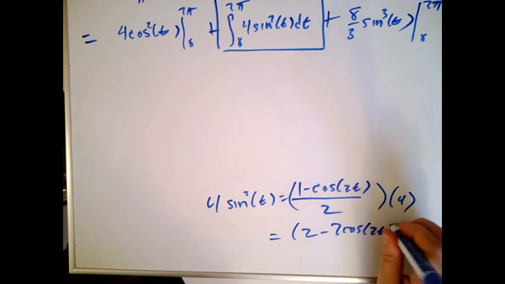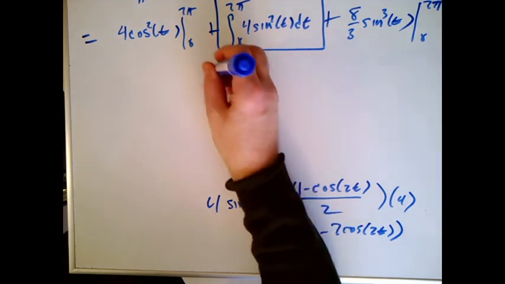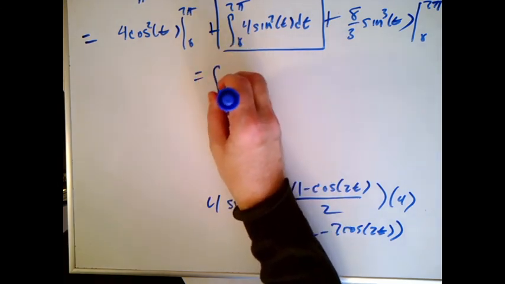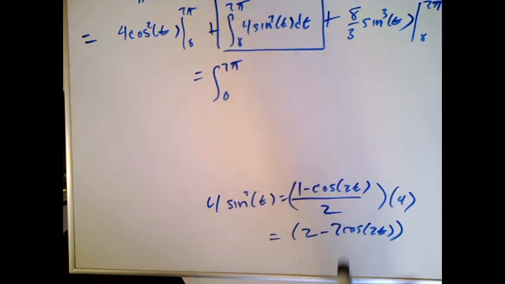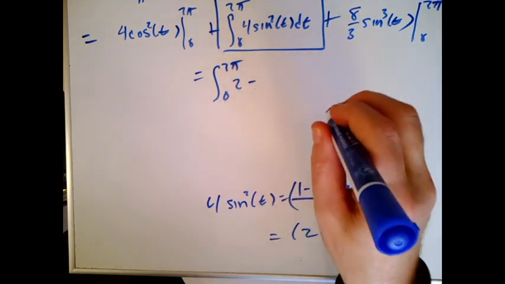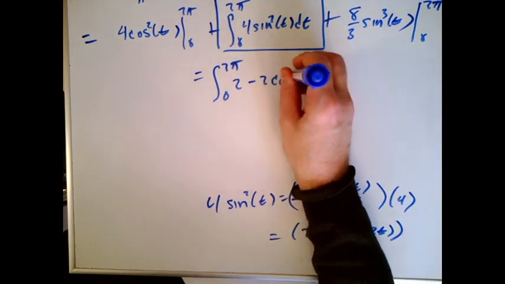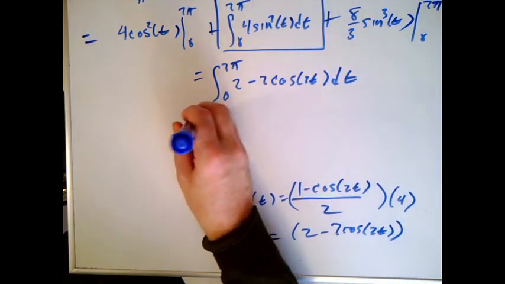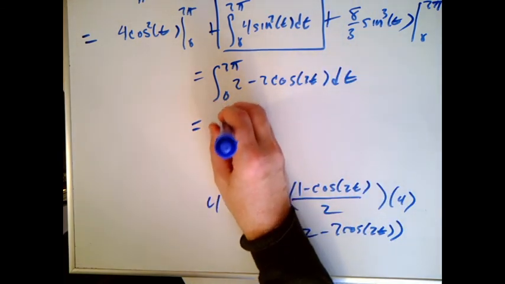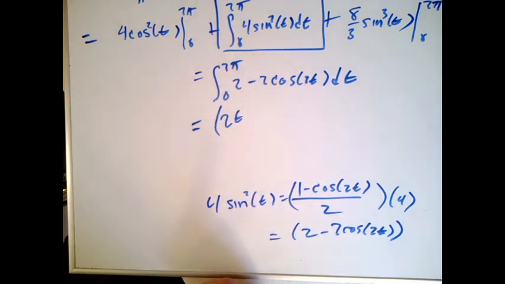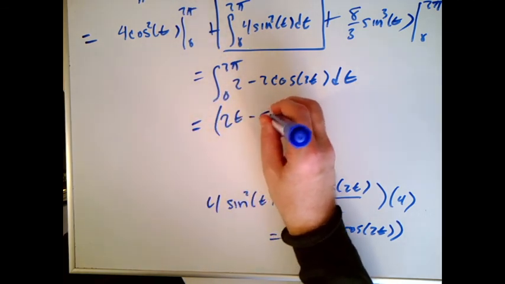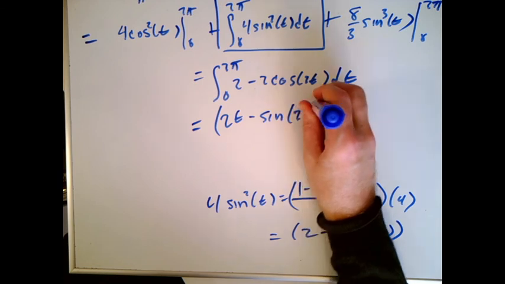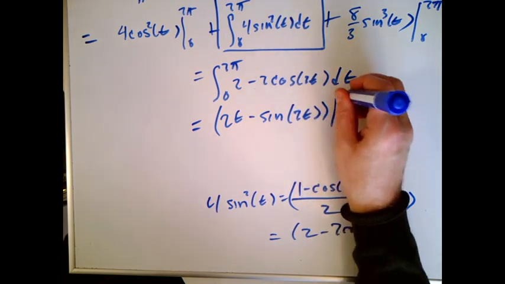And that's not doing an antiderivative yet. This is just this piece, from 0 to 2 pi. So I'm going to get 2 minus 2 cosine 2t, sorry, like that. I take the antiderivative now. I'm going to get 2t, and I think minus sine 2t, from 0 to 2 pi.